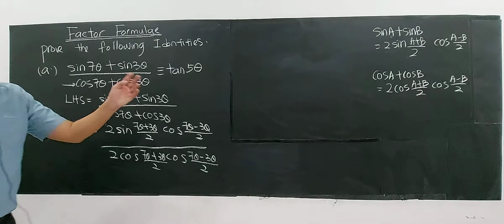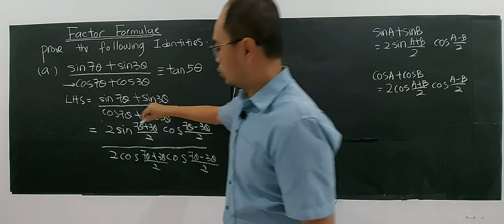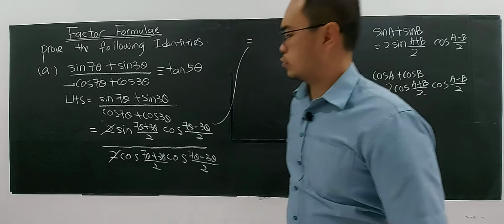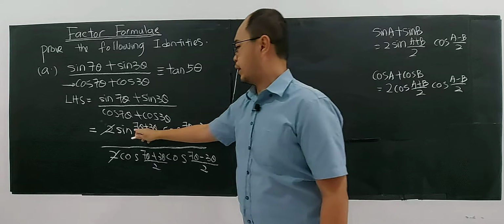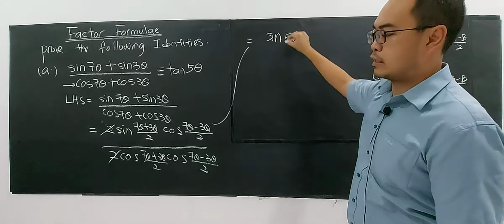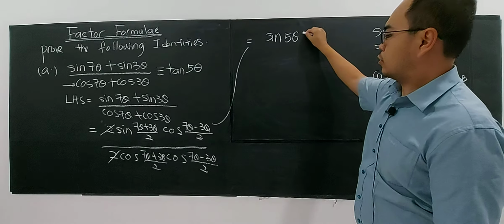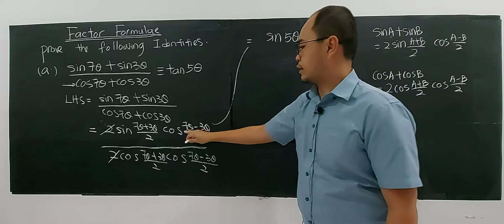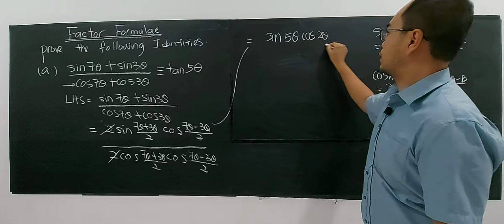I just apply the formula, and the 2 here you can eliminate. Now you have sine of 7 plus 3 over 2, which is 5 theta. Beautiful, the 5 theta is what we need here. Then cos of 7 minus 3, 4 over 2, 2 theta.